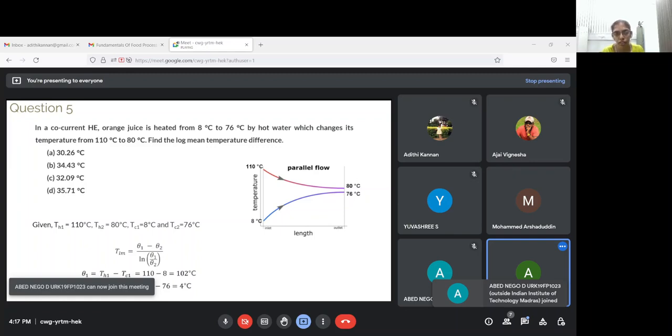So what is the LMTD? What is the value of LMTD that you are getting when you substitute these two values?